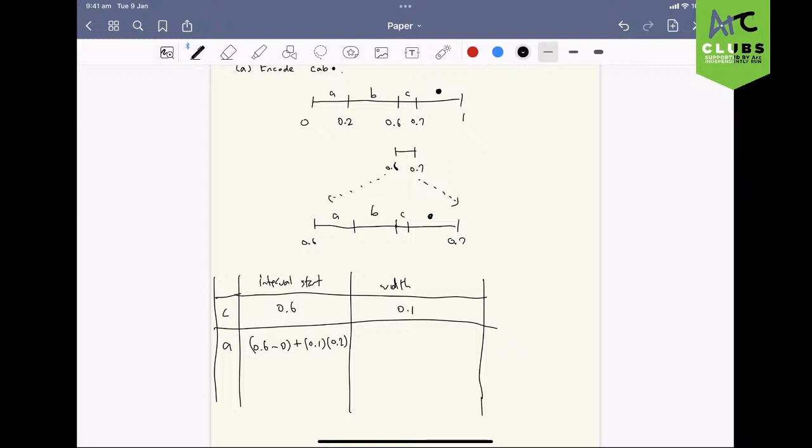In that way we shift all of it back, from 0.6 back to 0, and then plus the scaled width of the interval A here. What we get is 0.62, I believe. And the width of it is just the previous width multiplied by the width of the A interval, 0.2. That's 0.02.